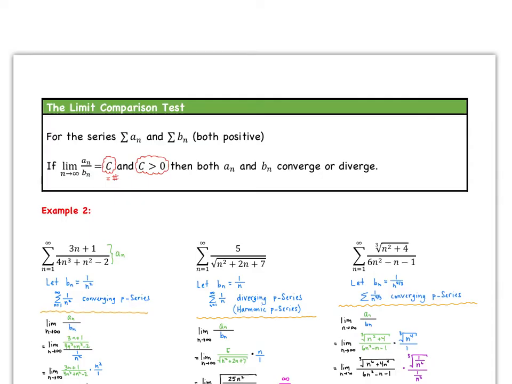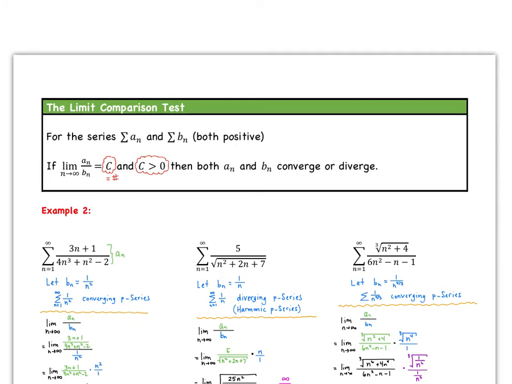The next comparison test is called the limit comparison test. Okay, so we had the direct comparison and now we have the limit comparison. So again, this is comparing two series, both of which are positive.